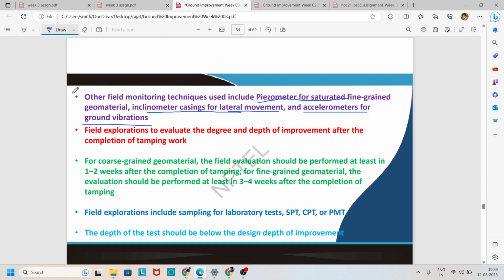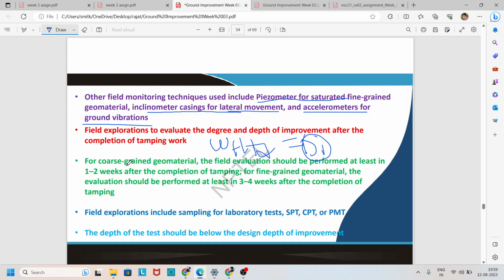These are the monitoring equipment to monitor the ground during deep dynamic compaction. Also, field exploration can be done to evaluate the degree and depth of improvement after the completion of tamping. That means if we apply energy W times H times D, we can find out what amount of depth is improved after each drop.